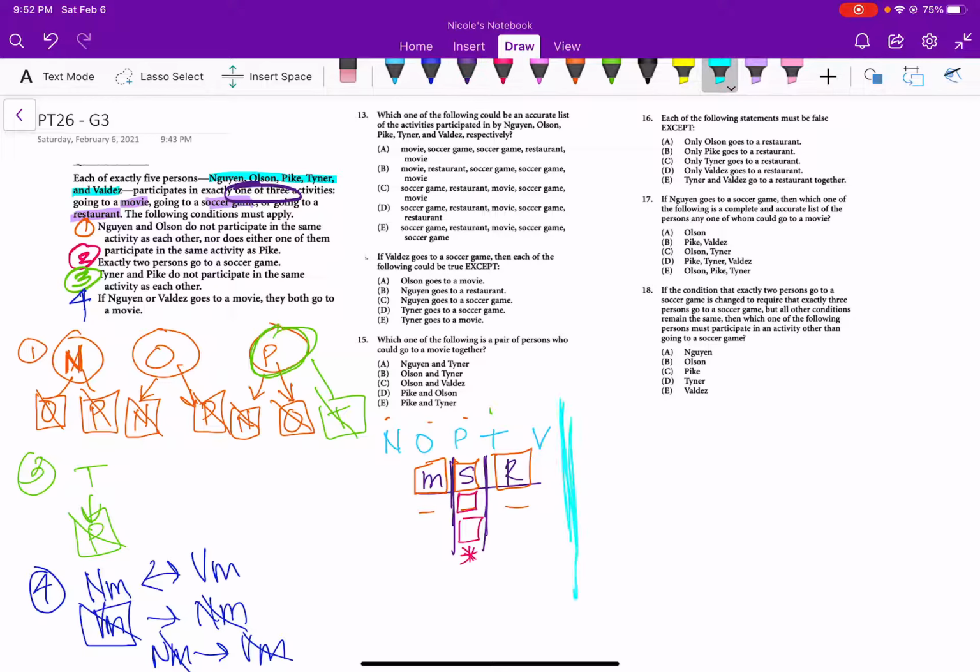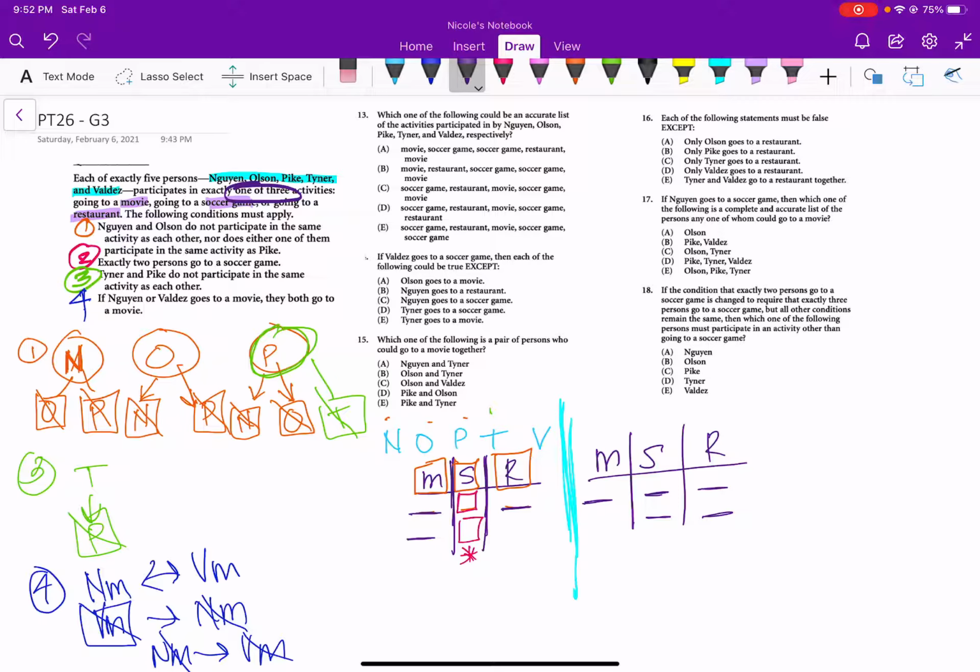I would just draw another chart quickly to show that we're either going to have 2 in the movie space, 2 in soccer, and 1 in the restaurant, or we're going to have 1 going to a movie, 2 going to soccer, and 2 going to a restaurant. I would just do that so I could easily see what my options are.